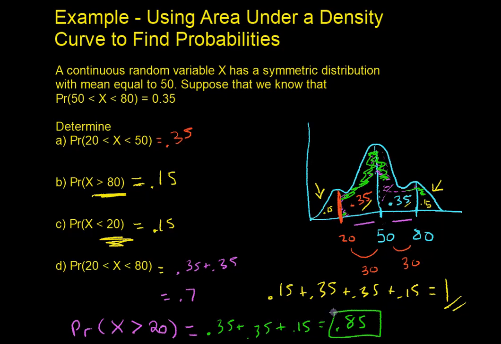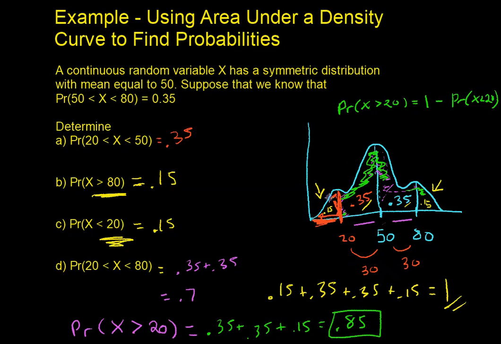So that's one way I could have answered this question, just add up all of those sections that are more than 20. Another way is using complements. Do you remember complements? So the probability that x is greater than 20 is 1 minus the probability that x is less than 20. The probability x is less than 20 is 0.15, right here.